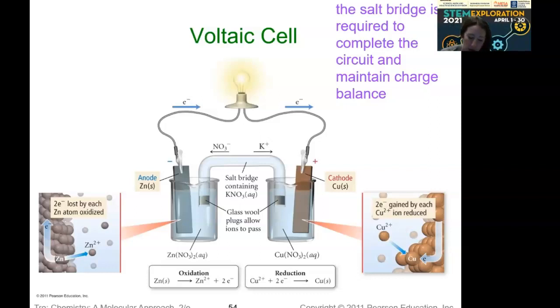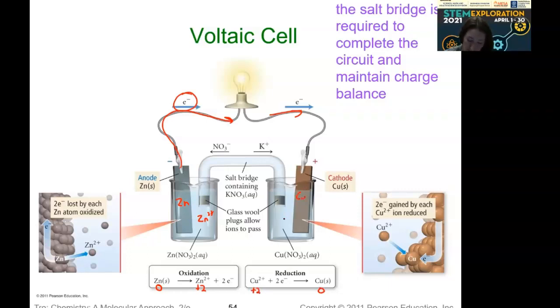Just to review again, we're going from a 0 to a +2. So therefore it's losing electrons. So we have our zinc and our zinc 2 plus, so it's losing electrons. And here we are, we gave it a conduit to lose the electrons. This is going from a +2 to a 0, so it's gaining the electrons.